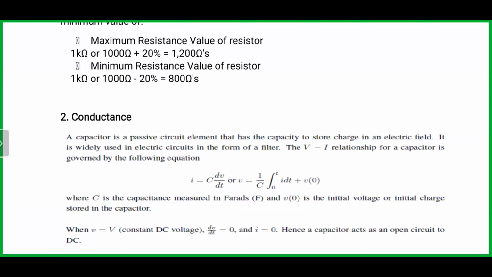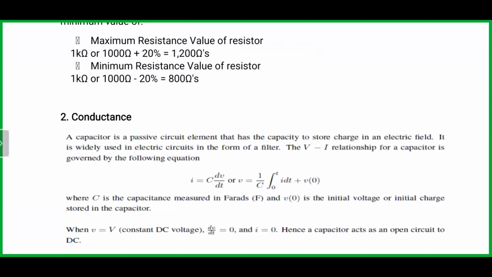I equal to C dV/dt, or voltage is equal to 1 over C, whilst current changes with respect to time, plus the initial voltage will be constant here.